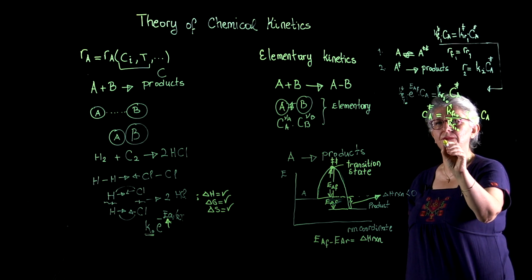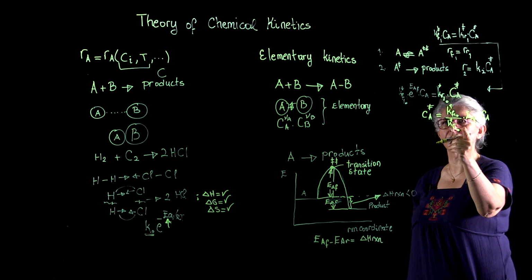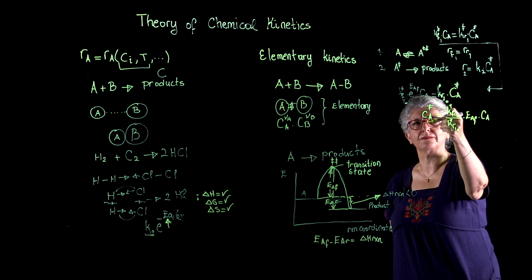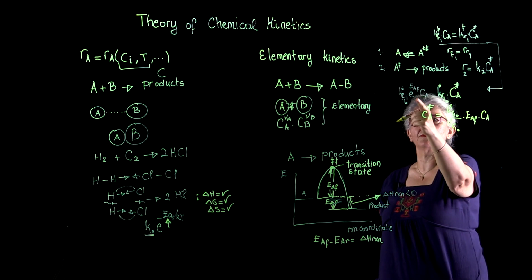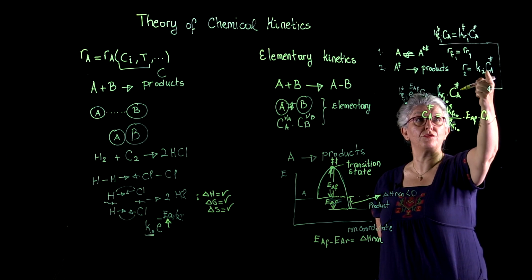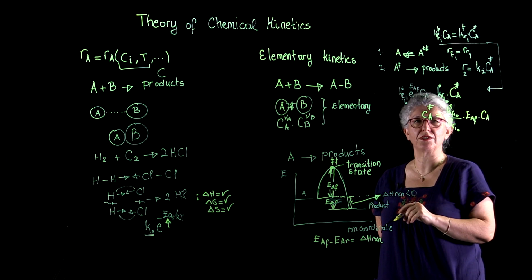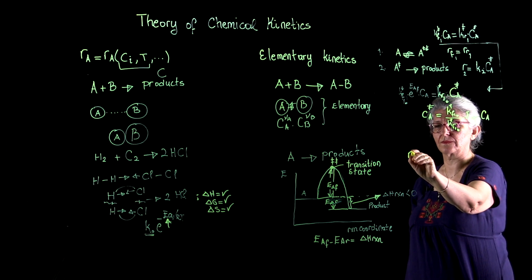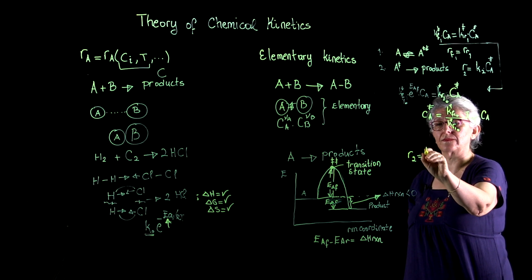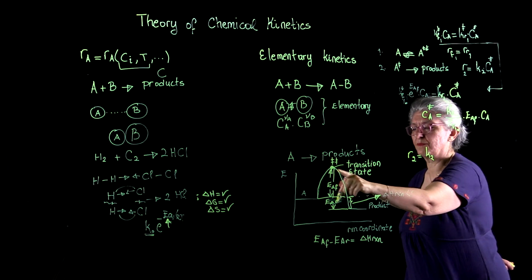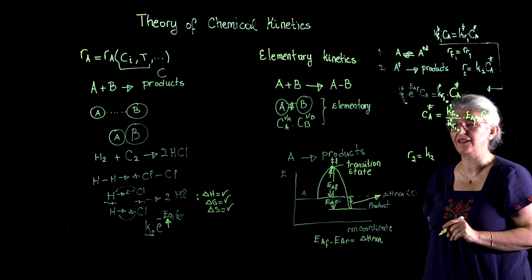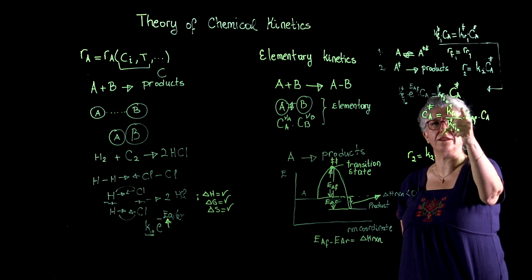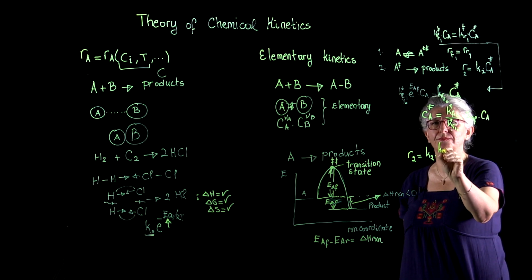I will take this one and substitute in here to have an expression for R2. K2, now this K2 doesn't have any activation barrier also, times CA dagger. Let's substitute.